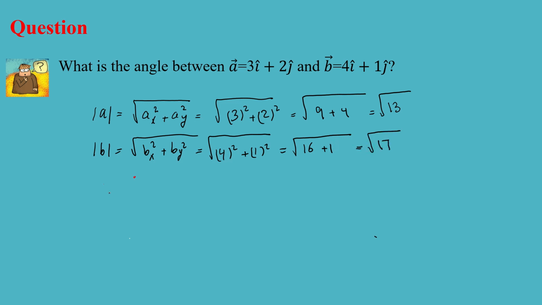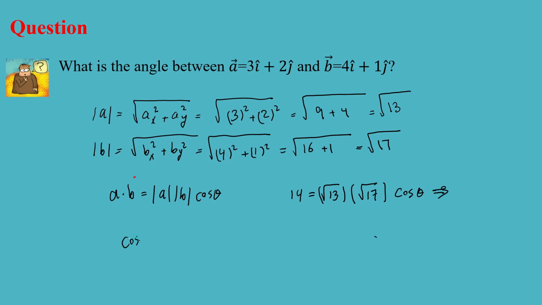Now let's go back to that equation. I had A dot B equal to magnitude of A, magnitude of B, cosine theta. I've already found that A dot B is equal to 14, right? The magnitude of A is square root of 13, and the magnitude of B is equal to square root of 17, and then it's going to be cosine theta, right?